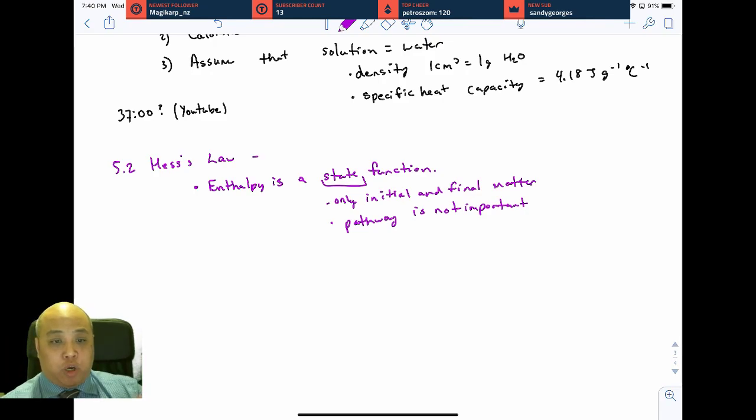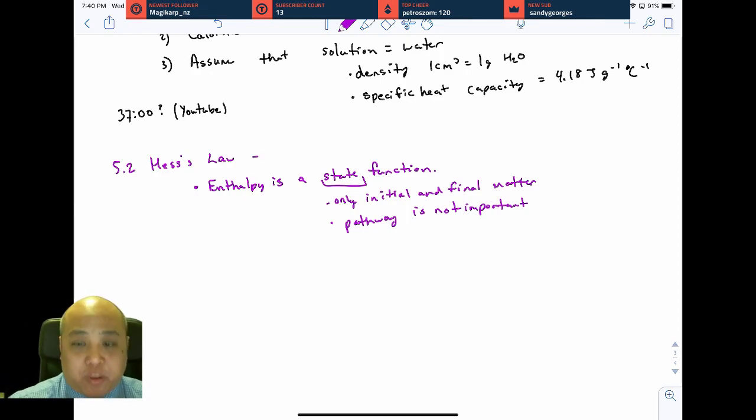You can go from point A to point B in a lot of different ways, and you could travel a lot of different distances, but the displacement is just the measurement between these two points in the shortest possible distance. Enthalpy is that way too. You can go through a bunch of different reactions, as long as your reactants are here and your products are here, that's all that matters. It doesn't matter which pathway you go. And that's what Hess's law takes advantage of.